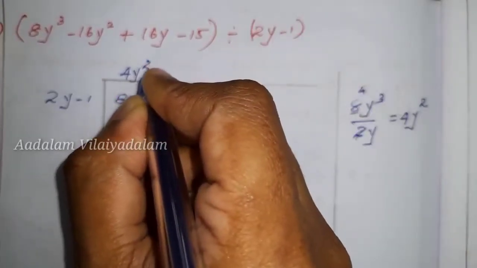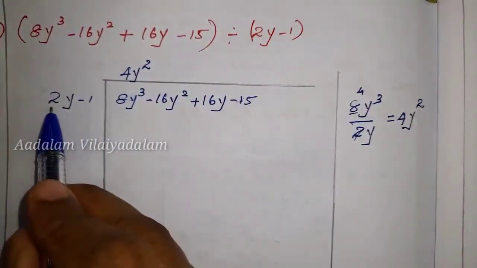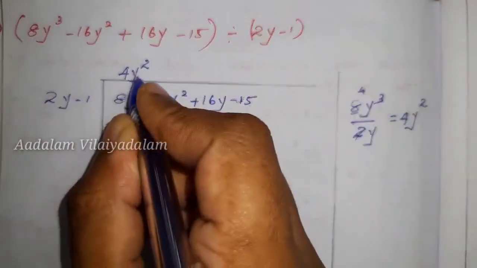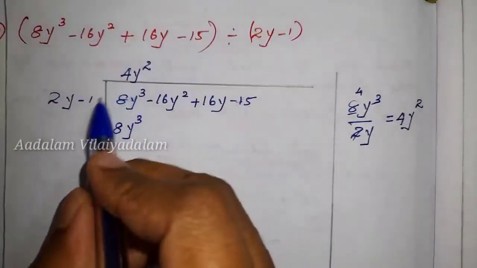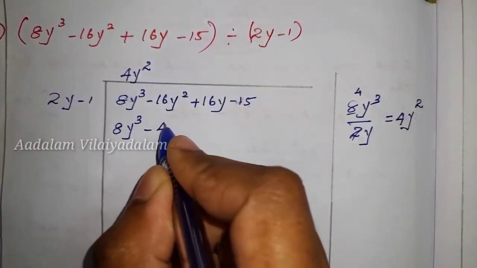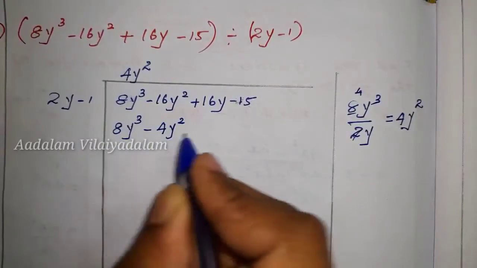The first quotient term is 4y square. Now multiply 4y square into 2y. That is 4 2s are 8, y square into y, that is y cube. Next minus 1 into 4y square, that is minus 4y square. Now change the sign in the second term only.